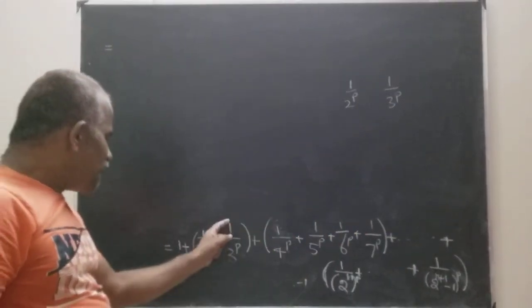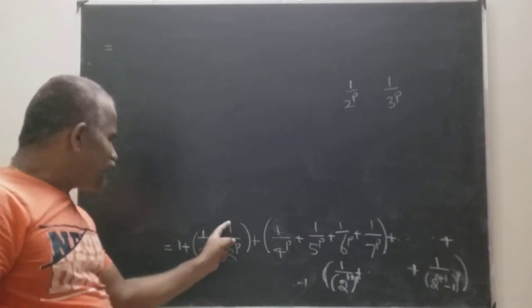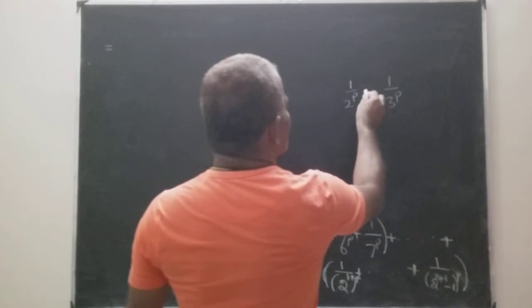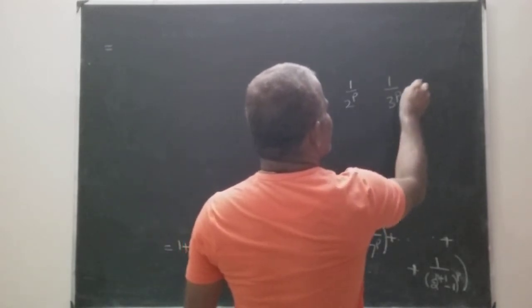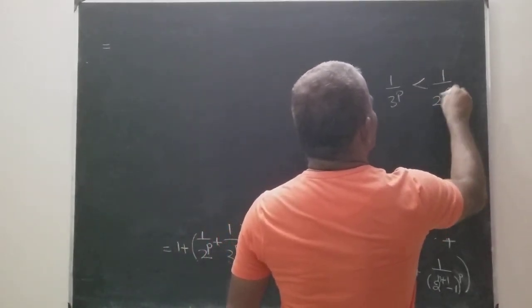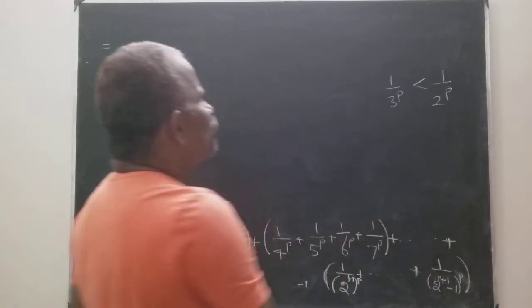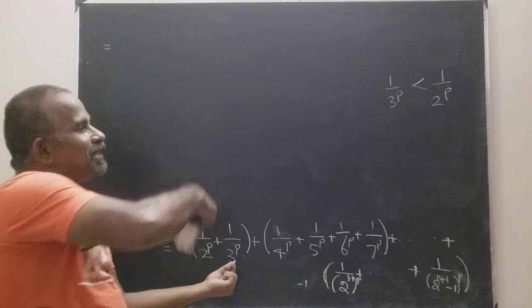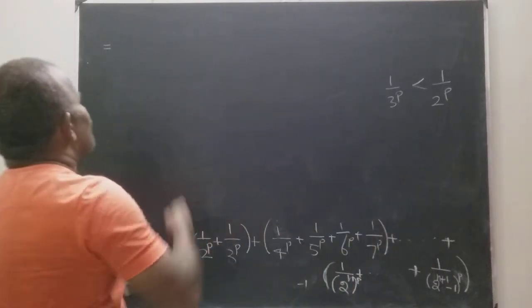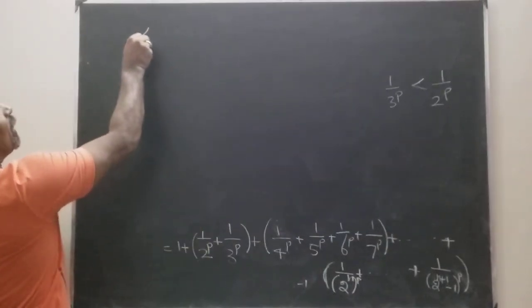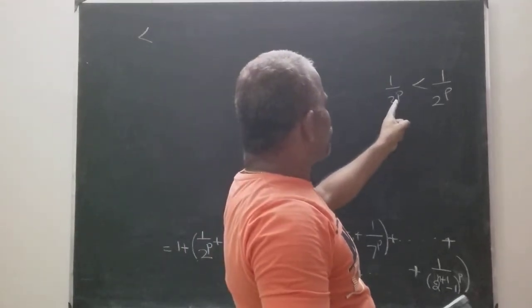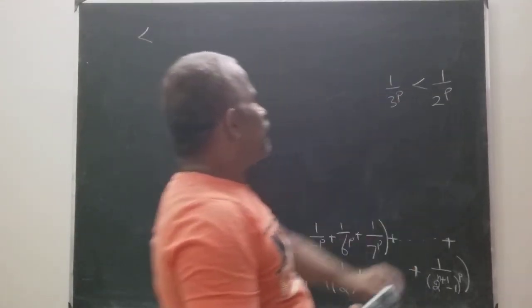So this 1 by 3 power p is replaced by 1 by 2 power p. Now 1 by 3 power p is less than 1 by 2 power p, so equality becomes inequality, therefore this is less than. Instead of 1 by 3 power p, we are going to take 1 by 2 power p.